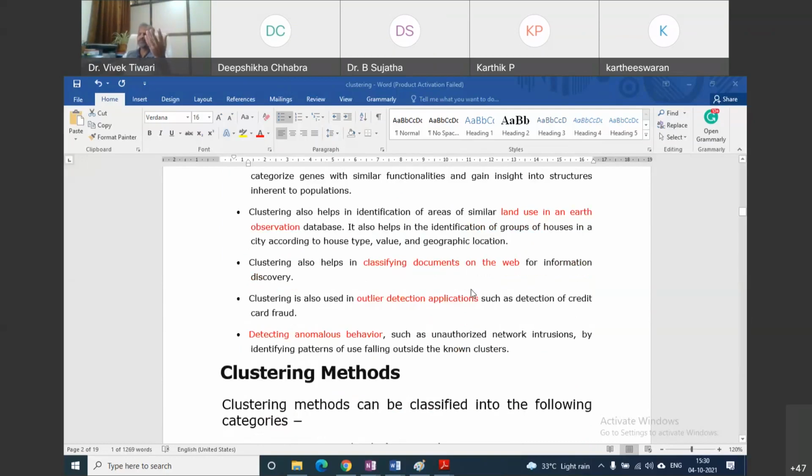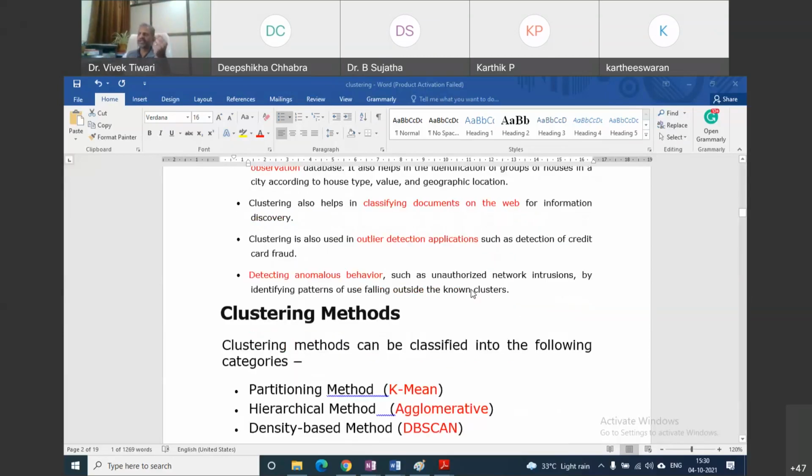Through the images, the clustering will be there. Google.com is the most prevalent and simple example for understanding the clustering process. Typical clustering is happening behind it, in how they classify or create groups of documents on the web. There are also outlier detection applications, anomaly detection applications, and many more.